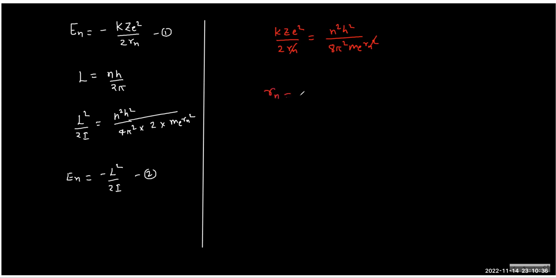What is Rn then? Rn equals n square h square upon 4 pi square m kZe square. But let's write k also.